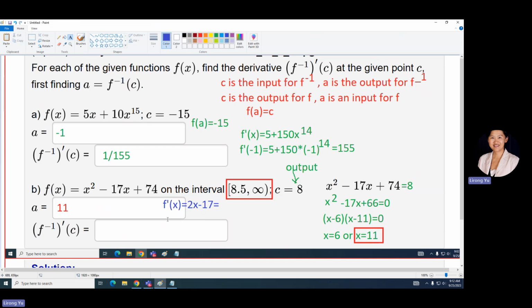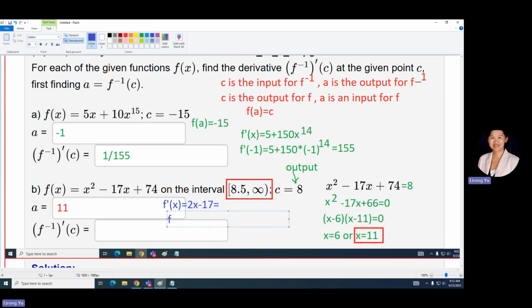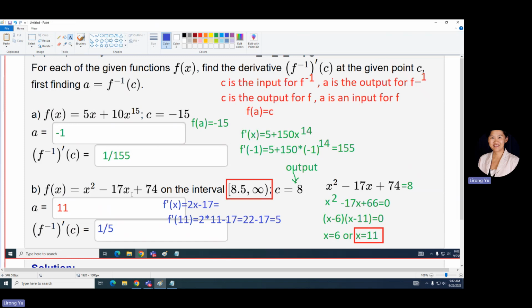All right, and then let's calculate the value at 11. 11 is the input, 8 is the output. 2 times 11 minus 17 should give you 5. So the slope for the original function is 5. So the slope of the inverse function is 1/5. That is the answer for part B.